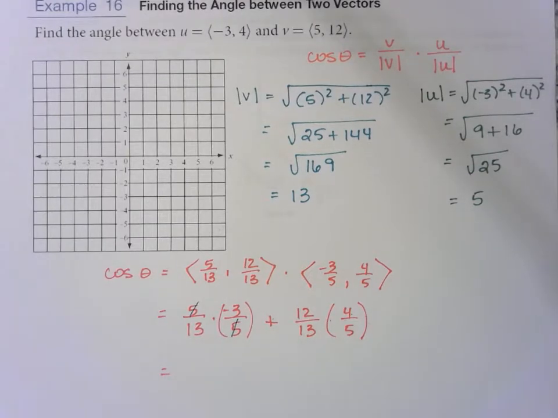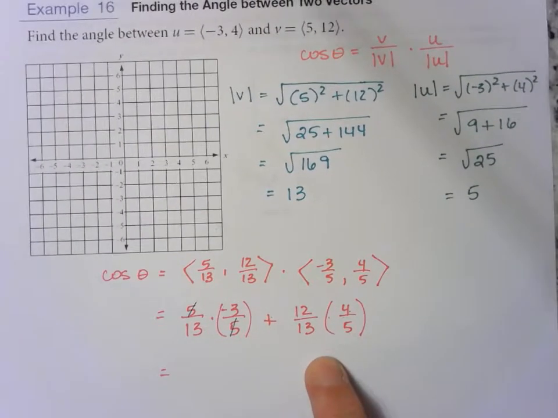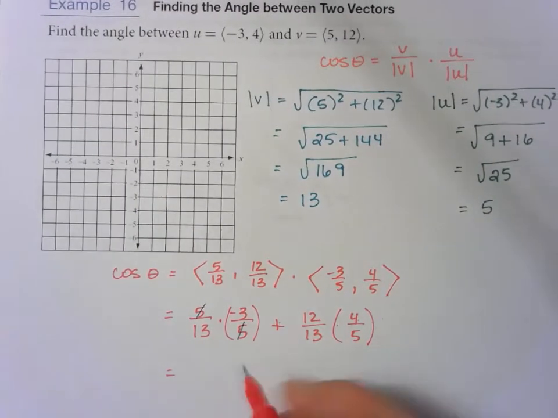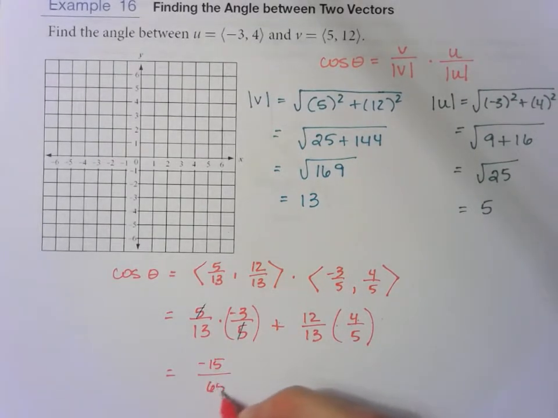However, if we leave it, 13 times 5 is 65, and that one's going to be 65. And since we're adding them, we need common denominators anyway. So let's just not reduce it first. We get negative 15 over 65 plus 48 over 65, which ends up giving us negative 15 plus 48 is 33 over 65.